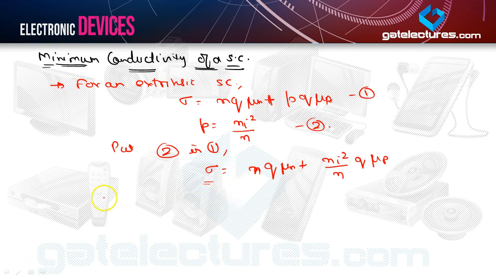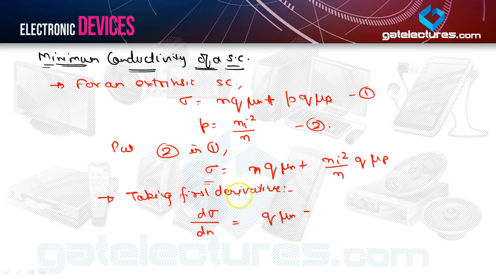Taking the first derivative, we differentiate sigma with respect to electron concentration n. So we get q mu n minus ni square by n square q mu p. Understood?